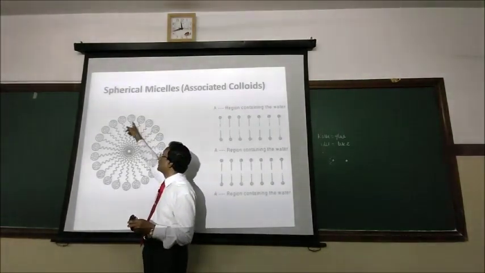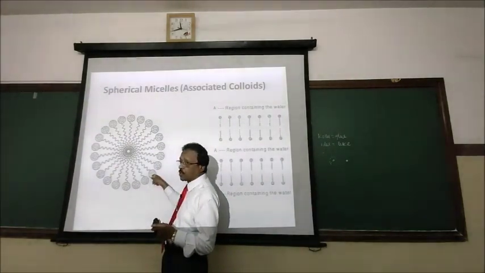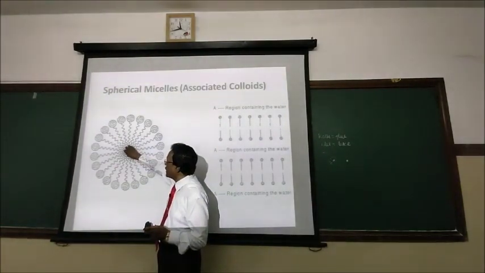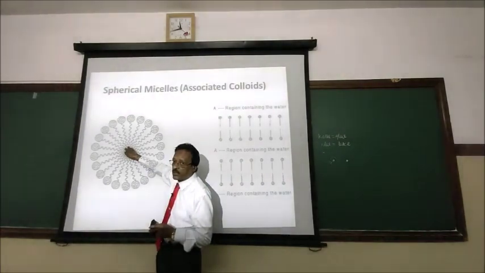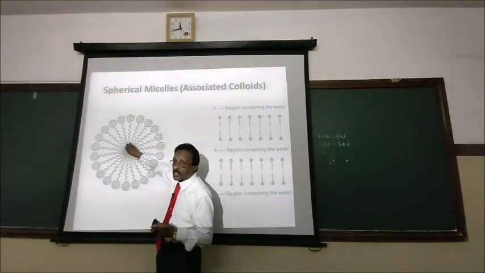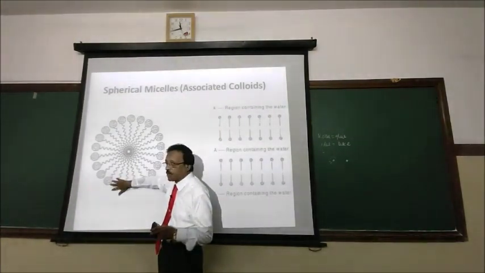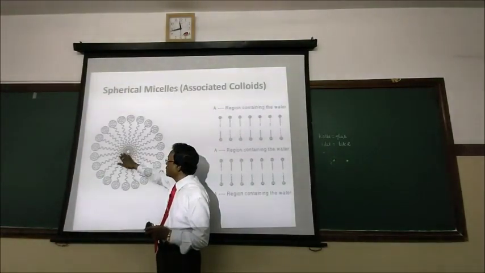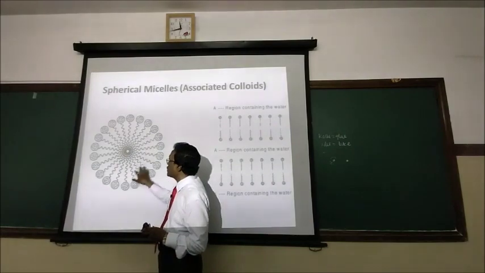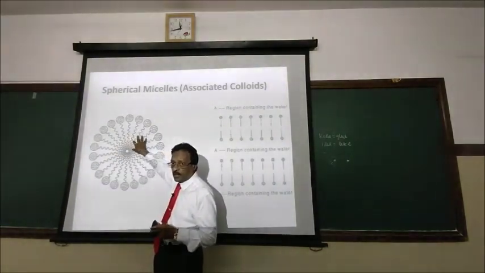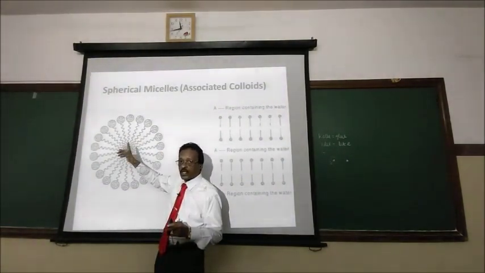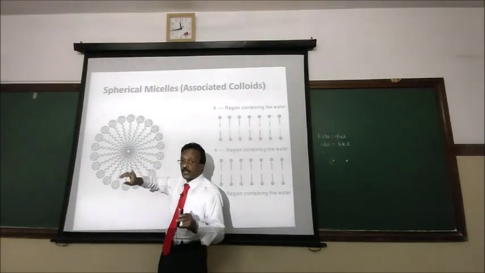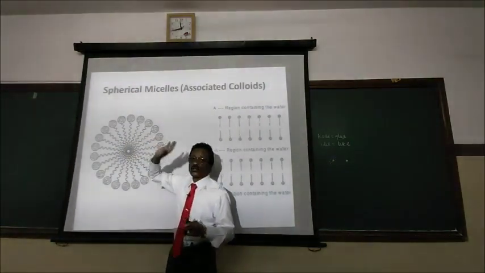All solvent-liking ends come towards the outside, pointing outwards, and all solvent-hating ends join together at the center. A spherical molecule is formed. The particle size is 1 to 1000 nanometers, 10 power minus 6 to minus 9 meter, and this is an example of associated colloids.